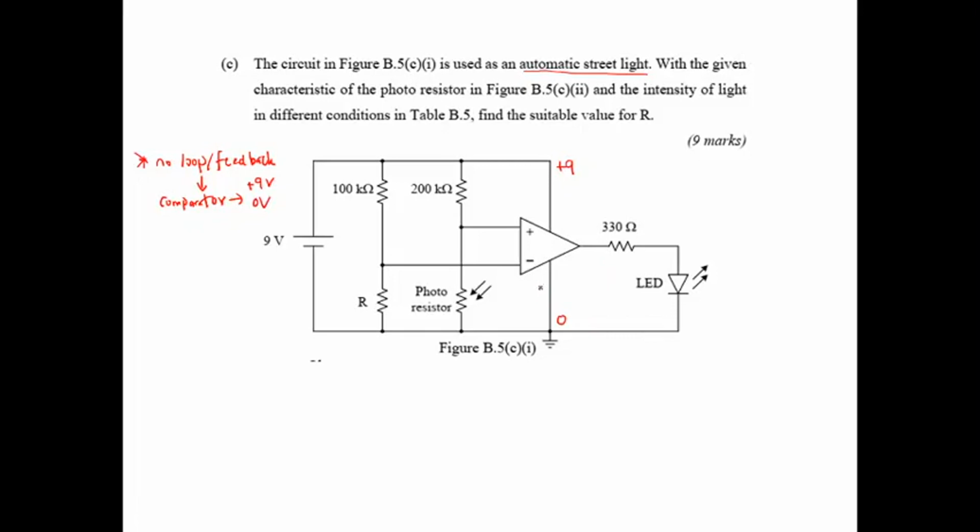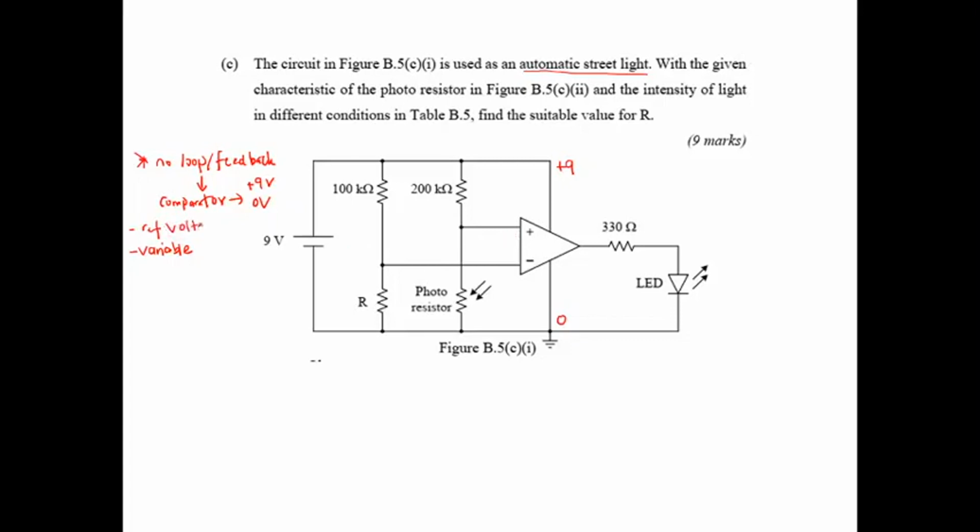For the comparator, we have the reference point and the variable point. The op-amp has two inputs, the non-inverting input and the inverting input. One of these two inputs will be the point where we apply a fixed voltage, which is your reference voltage.